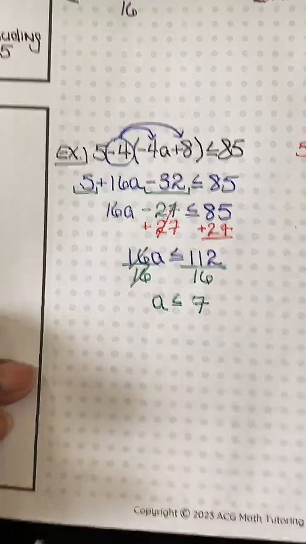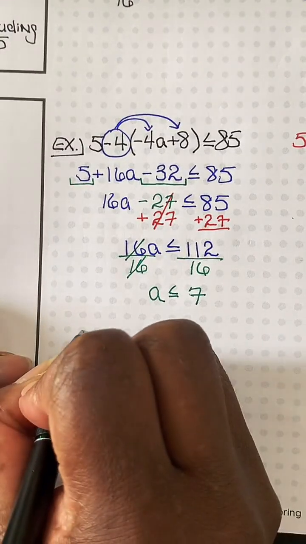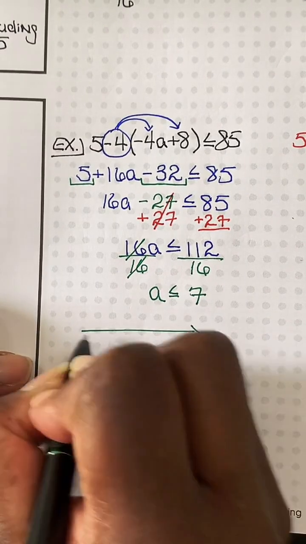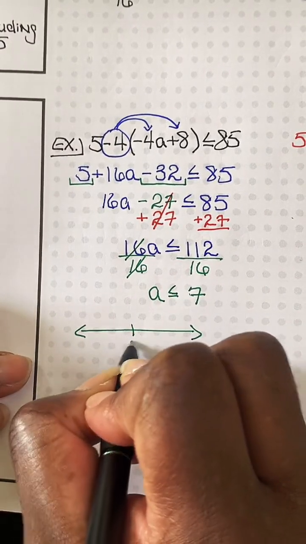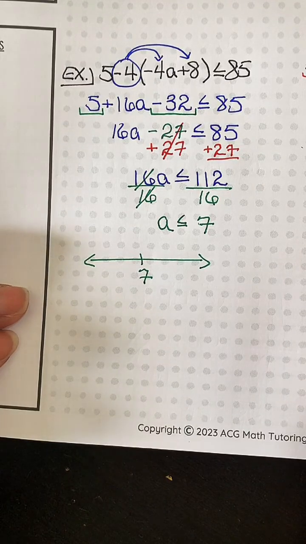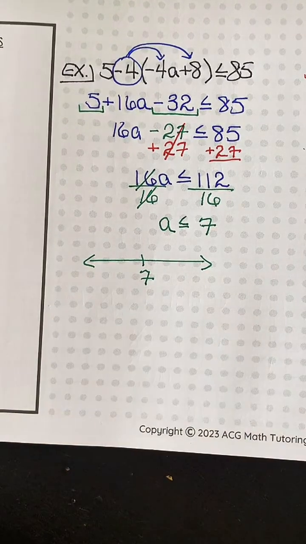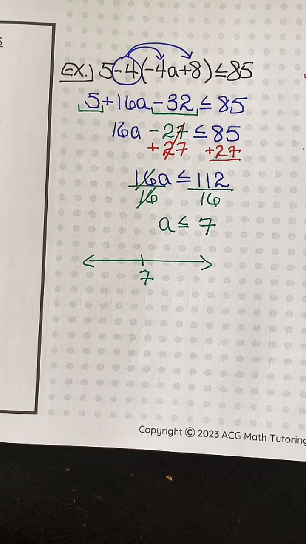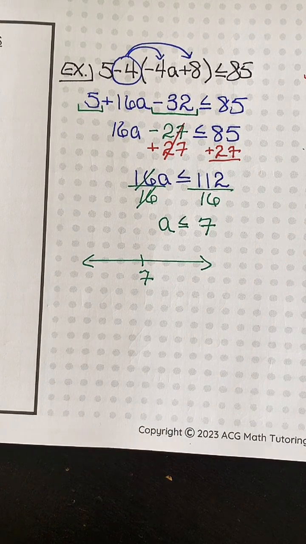All right. So from here, if we go into the graph, draw a line, throw your 7 in there. You don't have to do the whole number line, people. Come on. Open or closed? Okay, open or closed? Because we got open and closed engraved in our brain versus circle and dot.